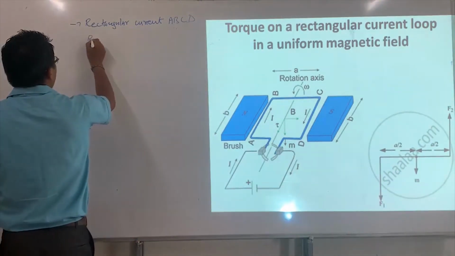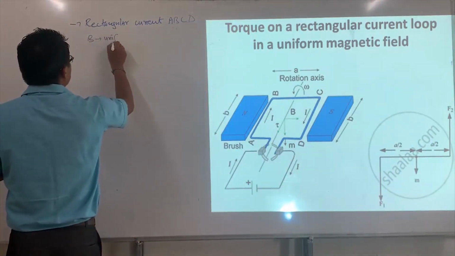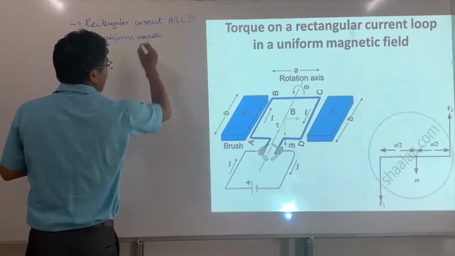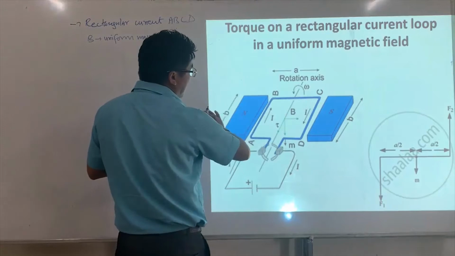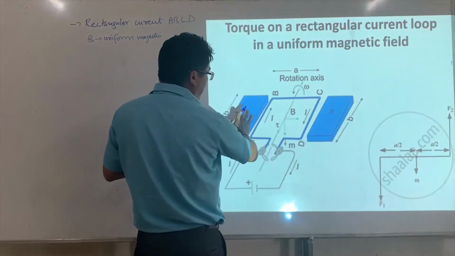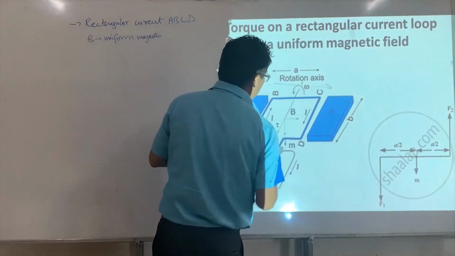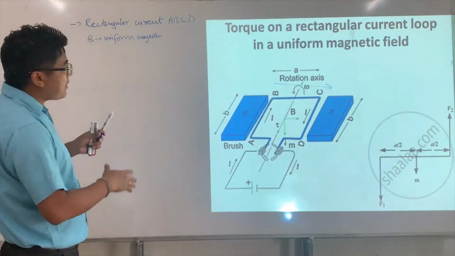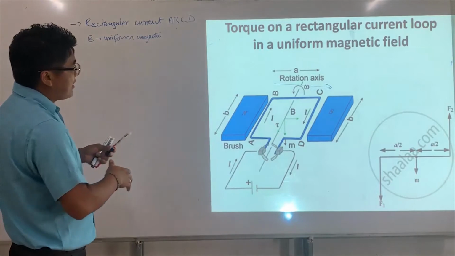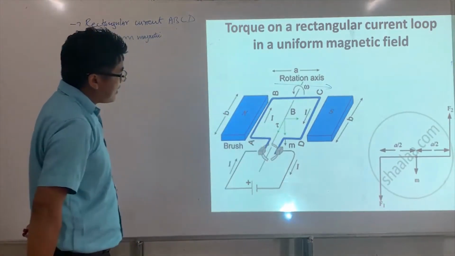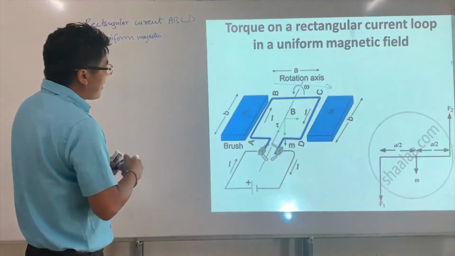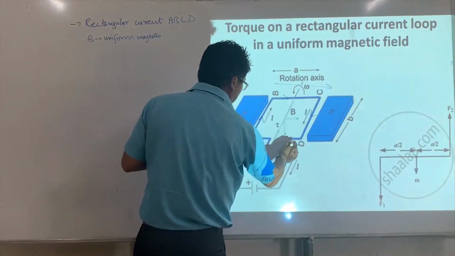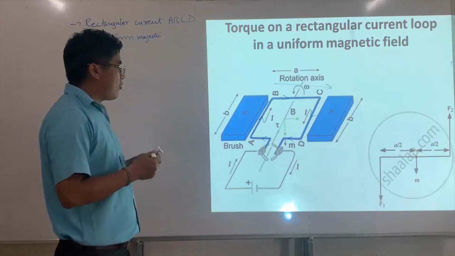B is the uniform magnetic field, and its direction is this way, because this is north to south. It is placed in the uniform magnetic field like this, and I have a current flowing in this direction in the rectangular current loop.